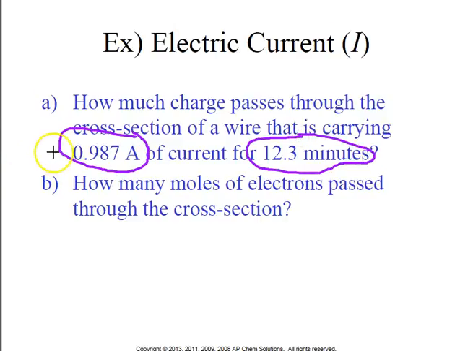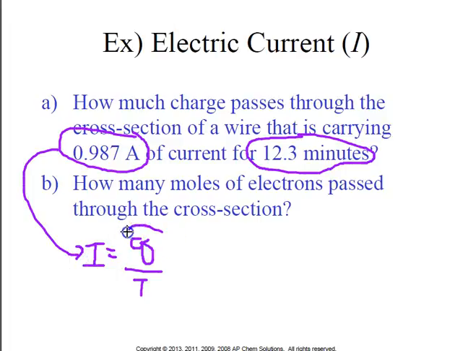So that amps is my I, my current, which is equal to the charge that passes through in a given amount of time. We're looking for charge, which is this Q, and remember it has the unit C for coulombs. And then this is our time, but we'll have to change it to seconds.